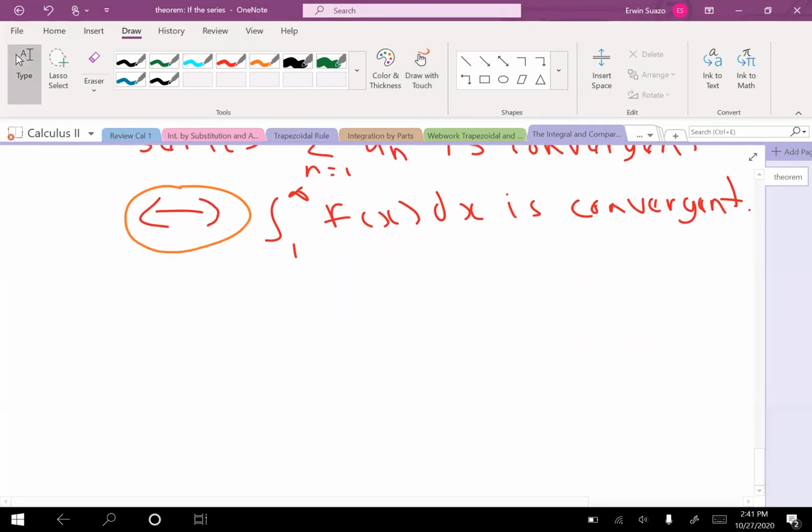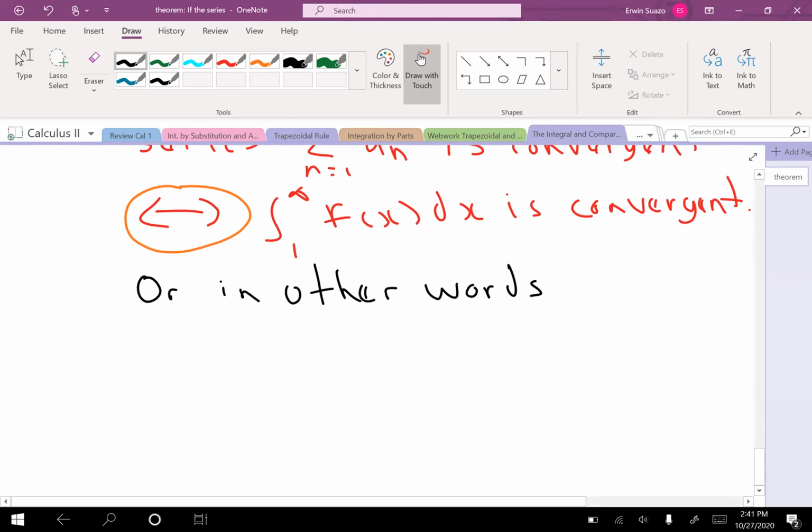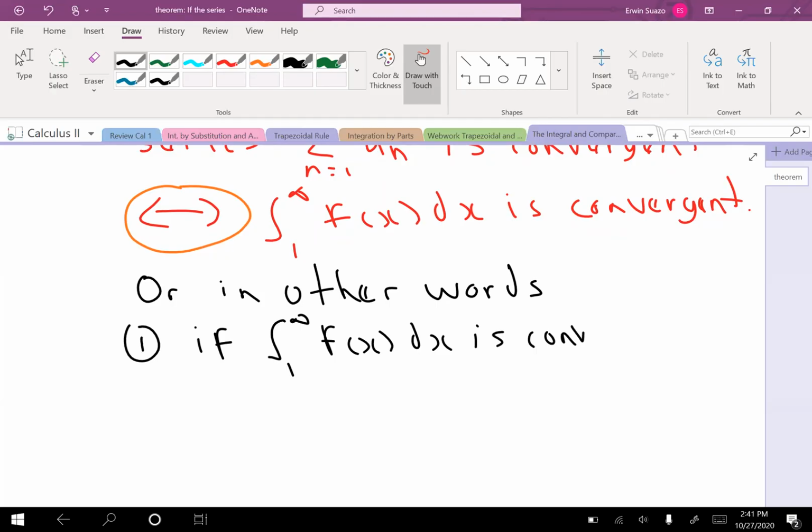That means the following, in other words: 1, if the integral from 1 to infinity of f of x dx is convergent, then the sum is convergent.